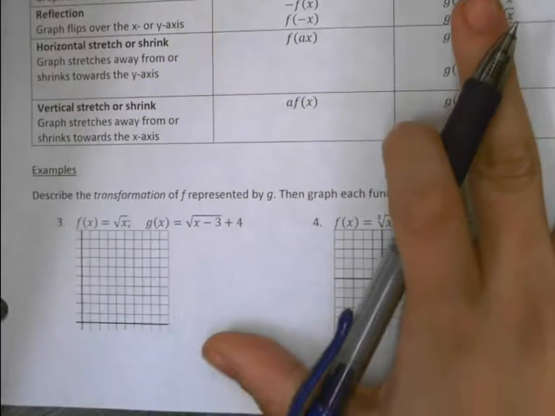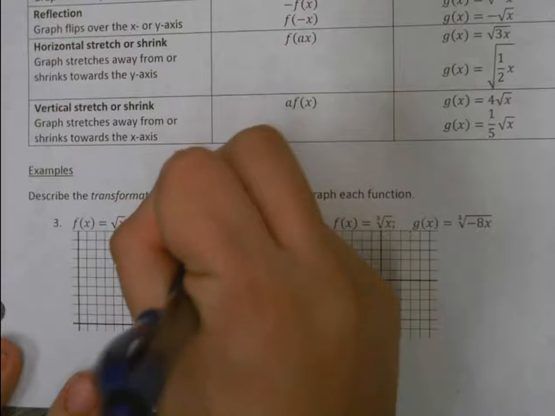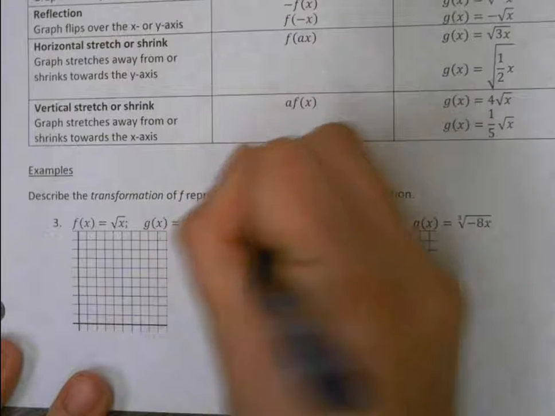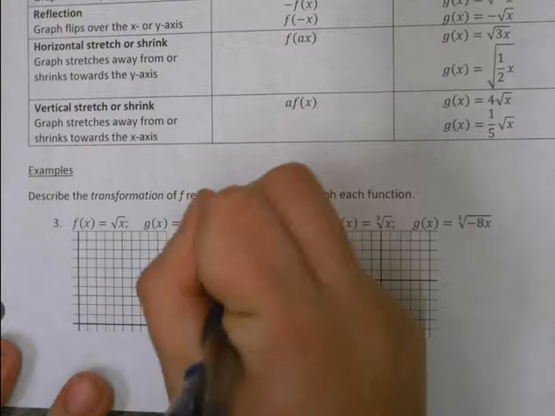So if I take a look at number 3, can you tell me the transformations before I even graph it? Up 4. How did Enid know that?